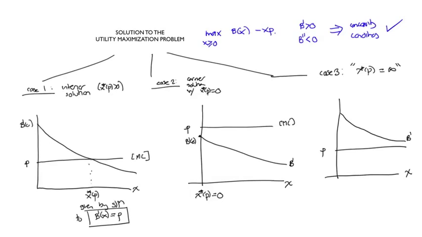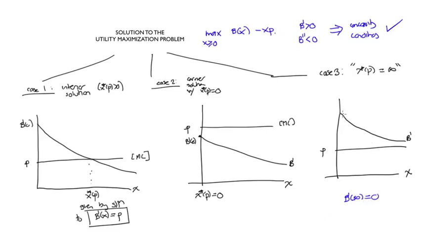Now, two additional things about the nature of the solution to the utility maximization problem. First is that for most utility functions that are used to model economic behavior, this case doesn't apply. It doesn't apply because they tend to satisfy the crossing condition property, which is that B prime of infinity is equal to 0.